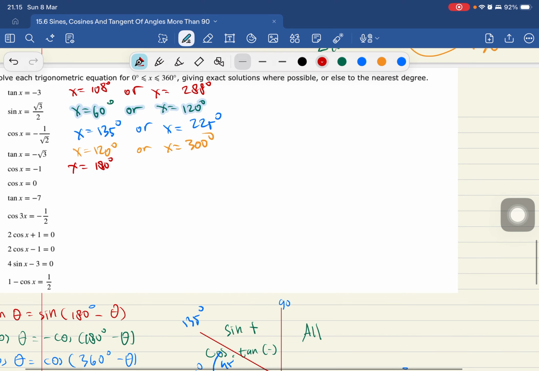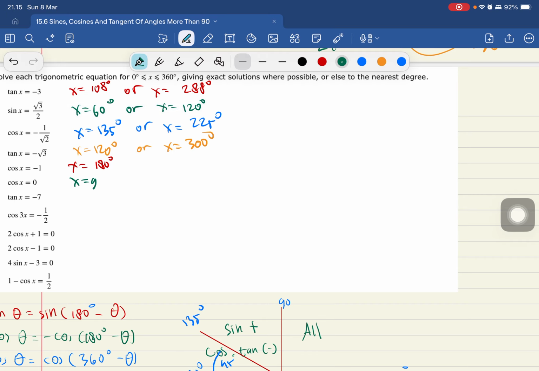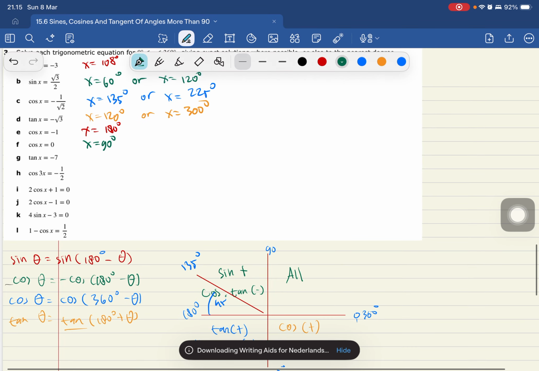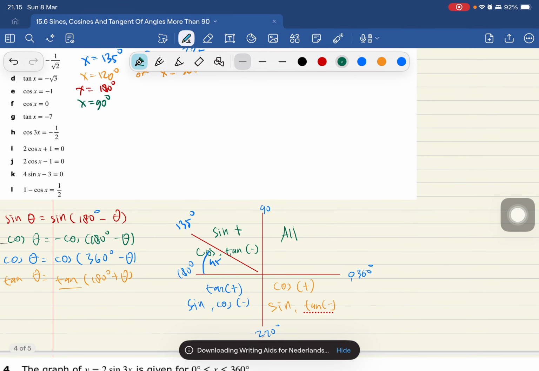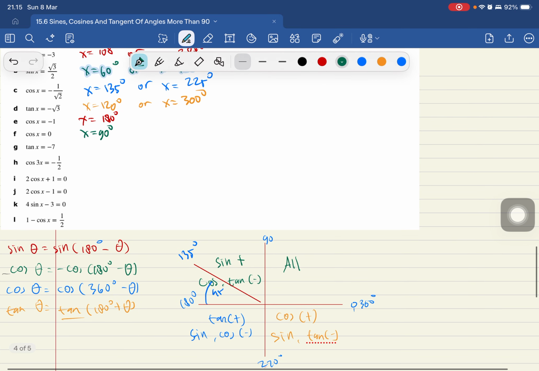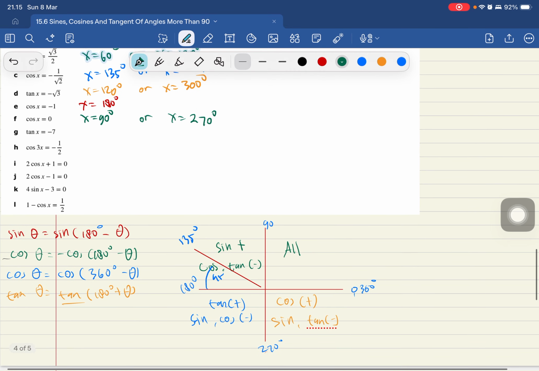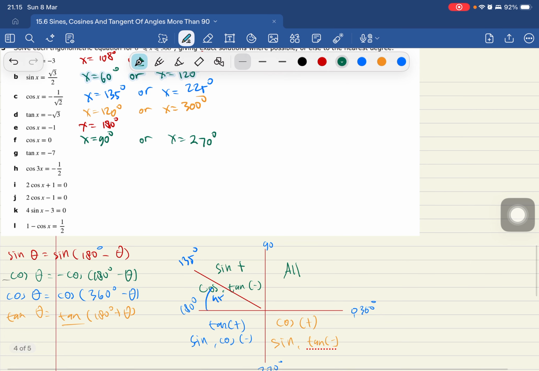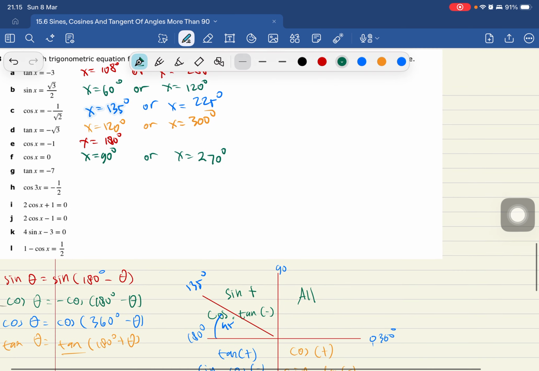Now cos x equal to 0. The first one that we got is 90 degree. And for another of 90 degree, we can add 180, or 360 minus 90, so x equal to 270 degree. Now tan x equal to negative 7.